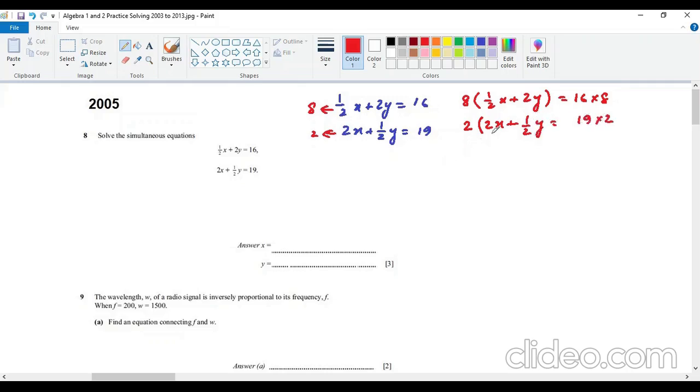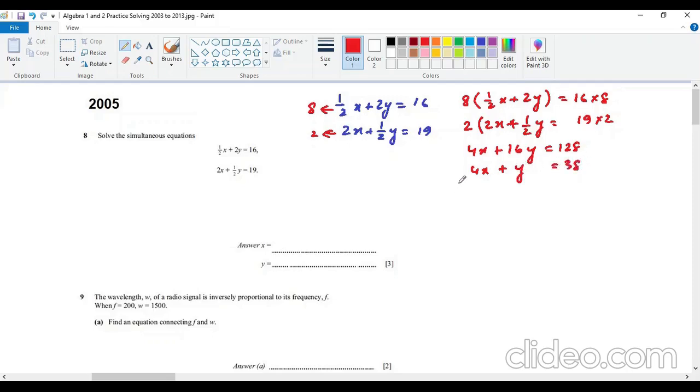2x plus half y equals 19 times also 2. Now this first equation is going to give us 4x plus 16y equals 128, and the second equation is going to give us 4x plus y equals 19 times 2, which is 38.